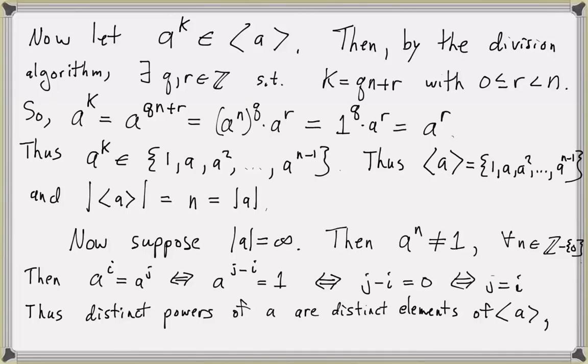So for every integer power, you get a distinct element of the cyclic group. It must be that the cyclic group generated by a is infinite as well. And this finishes the theorem. Now let's prove a corollary. Let a be an element of group G.